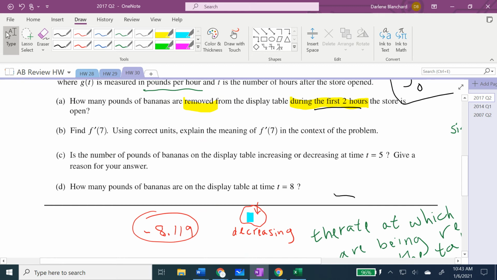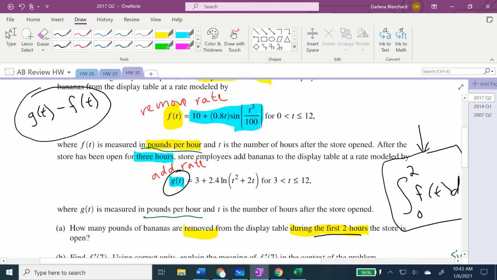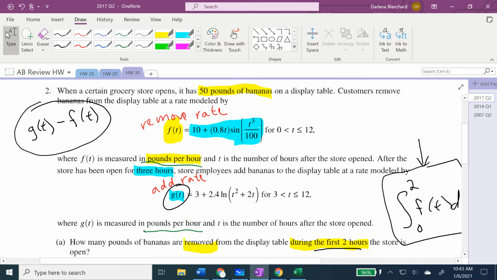Then I'm going to plug 5 into the function of both of these. Now, the easiest way to do that with your calculator is, oh, yeah, that's why.